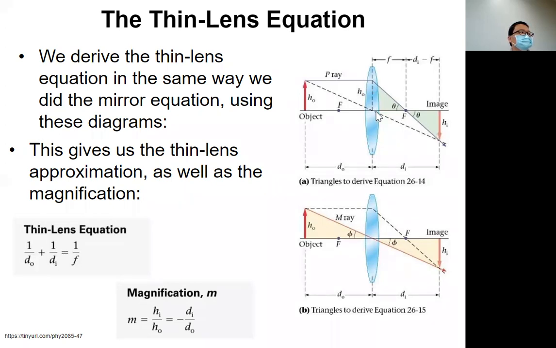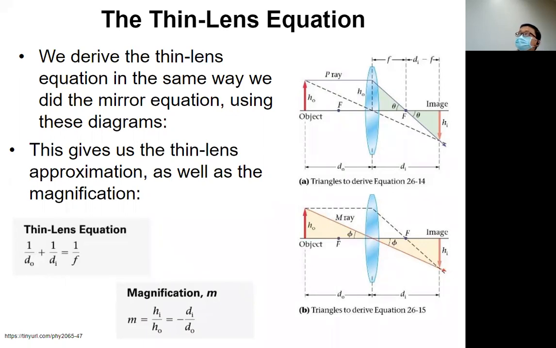Now take a look at this triangle and this triangle. These two angles are the same, so you have a pair of similar triangles because they are both right angle triangles, okay? Also, if you look at the triangle of this one and this one, this is also a pair of similar triangles. You can use two pairs of similar triangles the same way we did to derive the mirror equation.